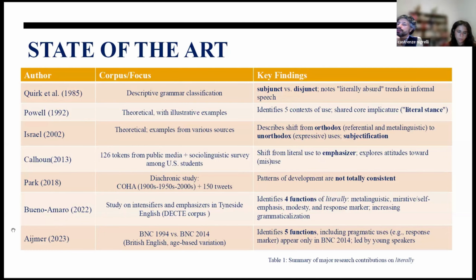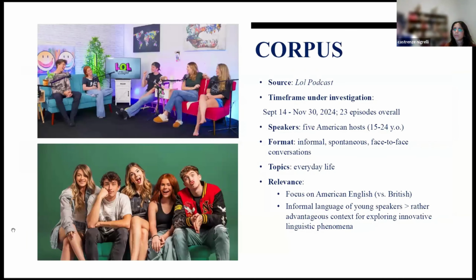Powell highlights the continuity across the literal and non-literal uses, emphasizing a core literal stance, while Israel describes a gradual shift from a strictly referential function toward more subjective and performative uses. More recent corpus-based studies, including works by Calum, Buenomar, and Armour, confirm this development. In particular, Armour also shows the rise of pragmatic functions.